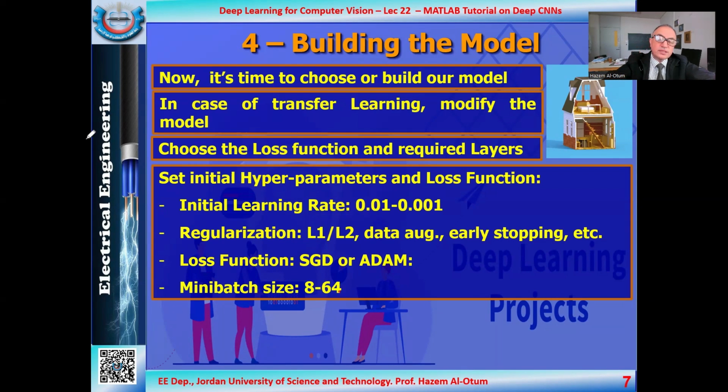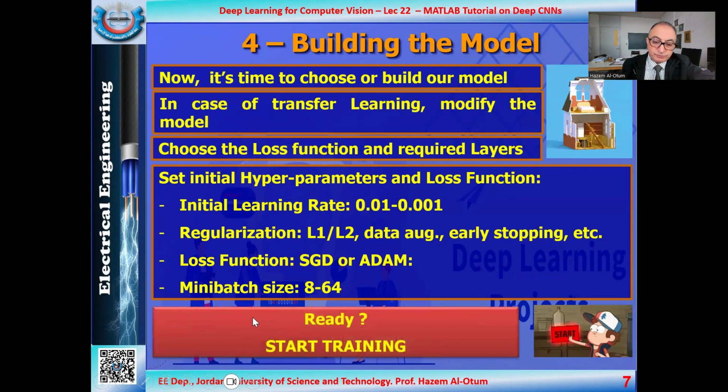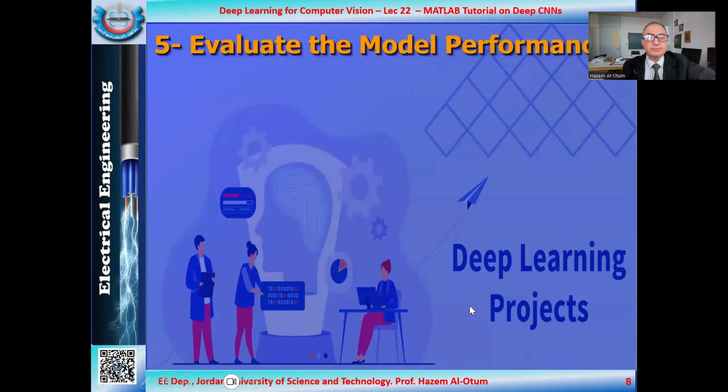But when you increase the mini batch size, you get a higher computational cost, so you need a compromise. We usually take a mini batch size between 16 and 32. Anyway, you can select higher or lower, depending on your facilities and your purpose in designing this network. Once all these things are ready, you can start your training and proceed further.